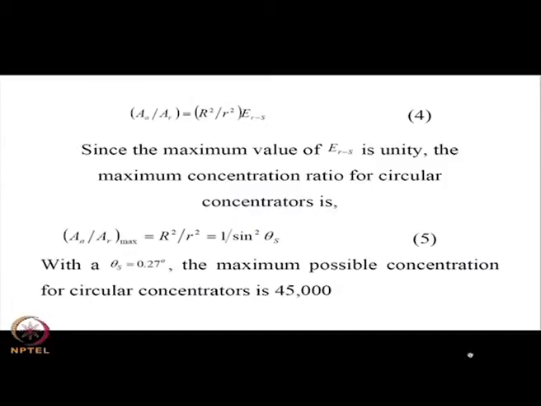Now, the question comes, why is it not infinity? Can I not really focus onto a point? The answer lies in the fact that the sun subtends a finite angle, no matter how small, 0.27 degrees with the earth. That makes the focus onto a finite area, no matter how small it is. Consequently, this is the maximum concentration ratio.